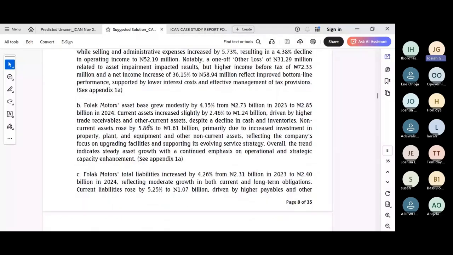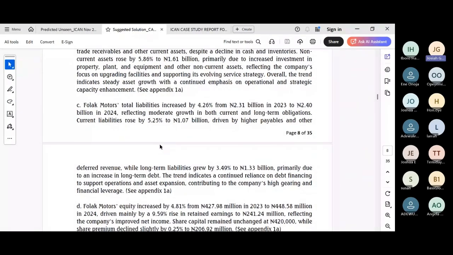Then we spoke to Folak Motors asset base. We looked at the trend also, and we spoke to the numbers. And we concluded by saying the trend indicates steady asset growth with a continuous emphasis on operational and strategic capacity enhancement. Third point on this trend is we looked at the liabilities. We said the liabilities increased by 4.2% from 2.3 billion to 2.4 in 2024.